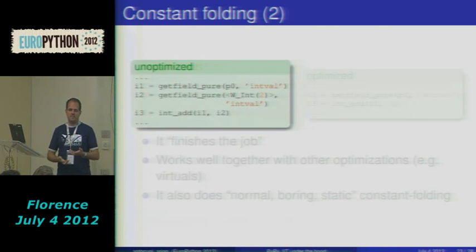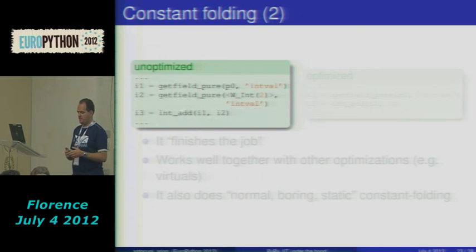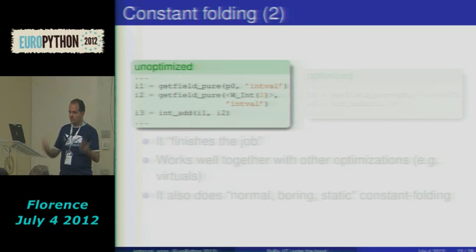Get field pure is a special operation because it means that we as PyPy developers marked this object, W_Int, to have a field which is immutable. So the int_val field will never change its value during the execution. So it's a pure operation in the sense that if the operand is constant, we can just constant fold it.